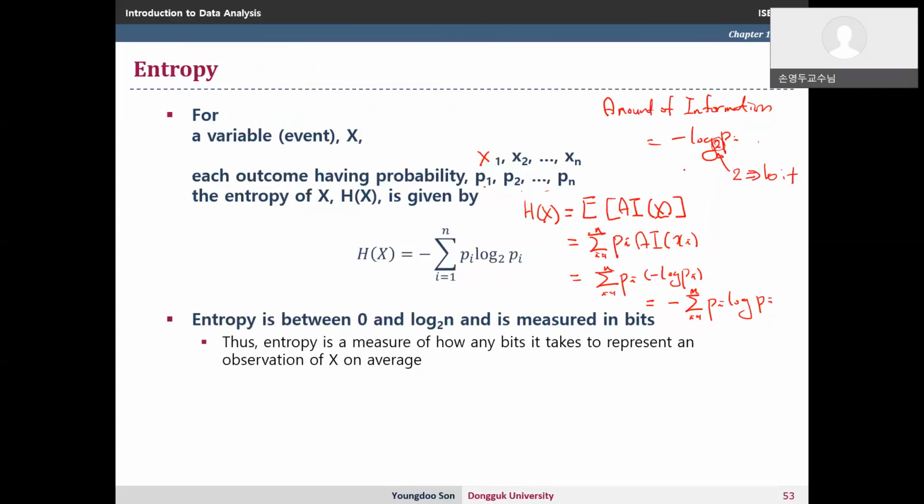We will usually use 2 because we are dealing with data analysis. However, if you see the entropy in a physics class, it is the natural entropy, so we use the natural log here. The base of this log will be e, and if we use e, the unit of this entropy will be nat. However, we will use base 2.